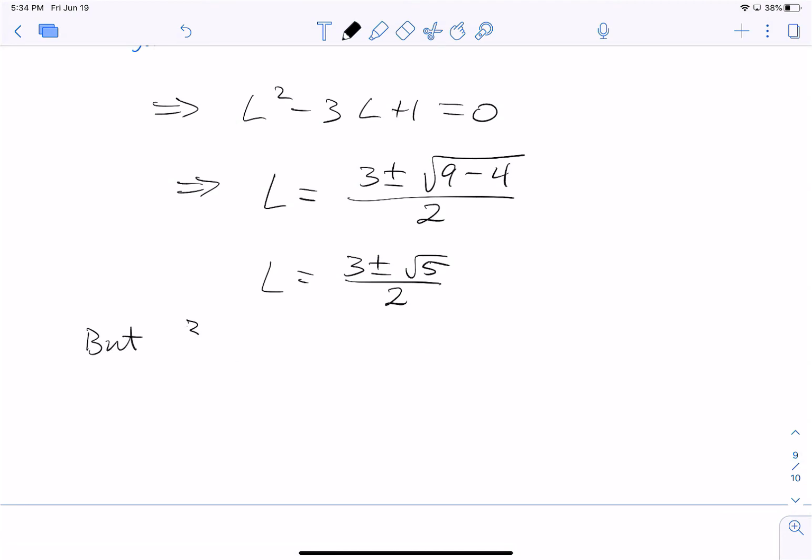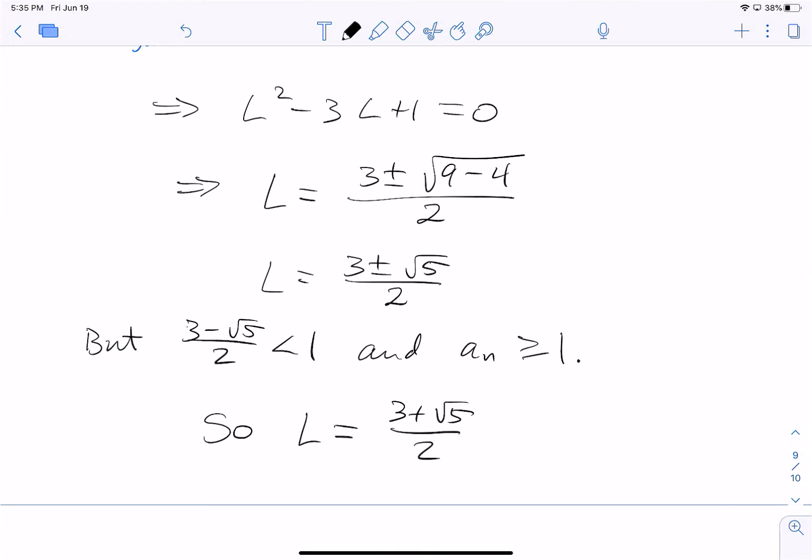But as it turns out, 3 minus the square root of 5 over 2 is less than 1, and a sub n is greater than or equal to 1, so they can't add up to a number less than 1. So we conclude that L is equal to 3 plus the square root of 5 over 2.